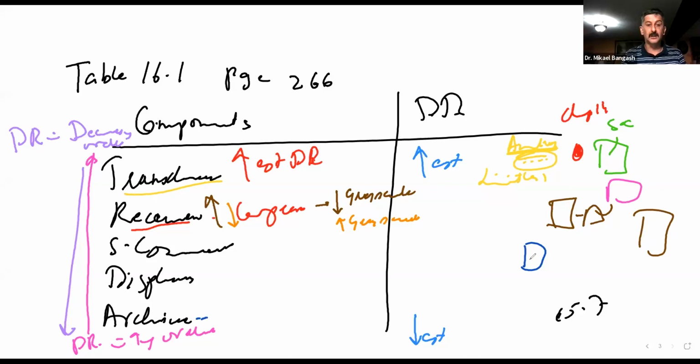So that's pretty much what is going to happen to the grayscale as it goes from transducer to receiver, from receiver to the scan converter, from the scan converter to the display. Now, when you say display, what does that mean? Because that could be your monitor, that could be your screen.